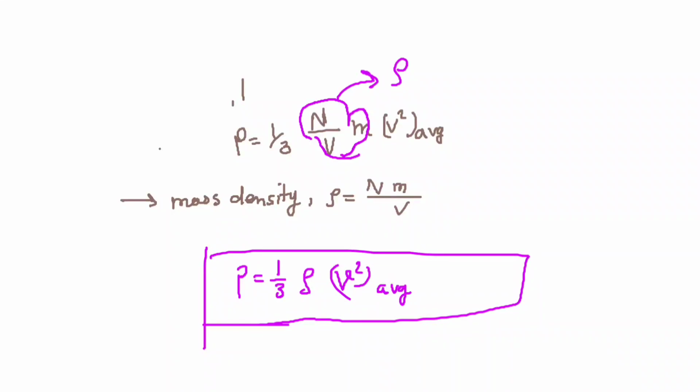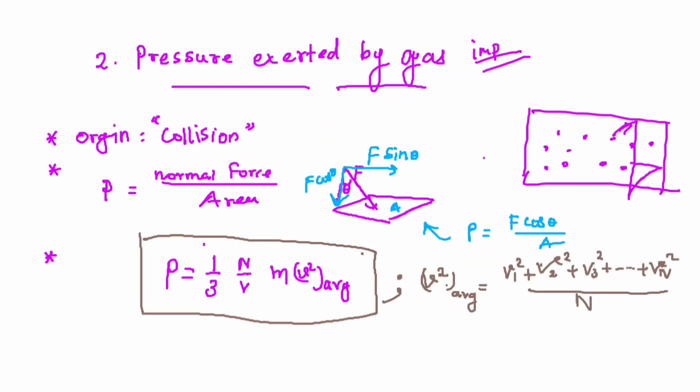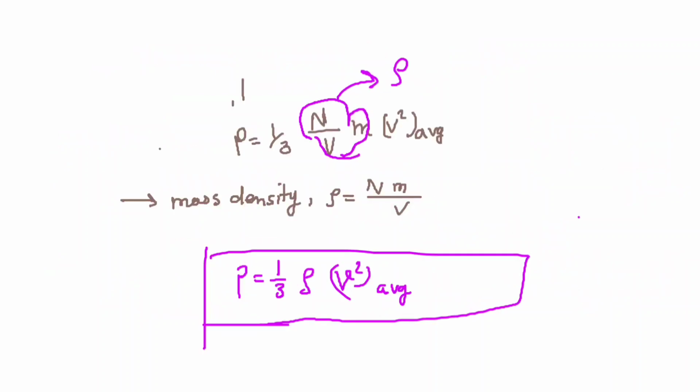Here you can see there are two formulas. The first one is P equal to 1 by 3 N by V M V square average, and the second one is pressure P equal to 1 by 3 rho V square average. These are two important formulas. You must learn these two formulas by heart. So let's move to the question.